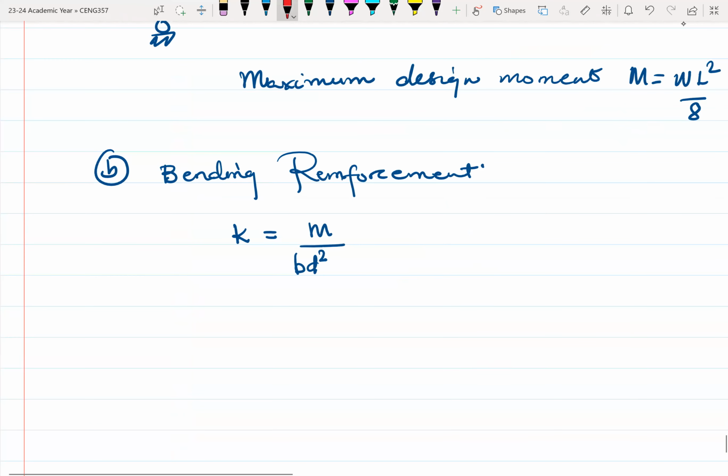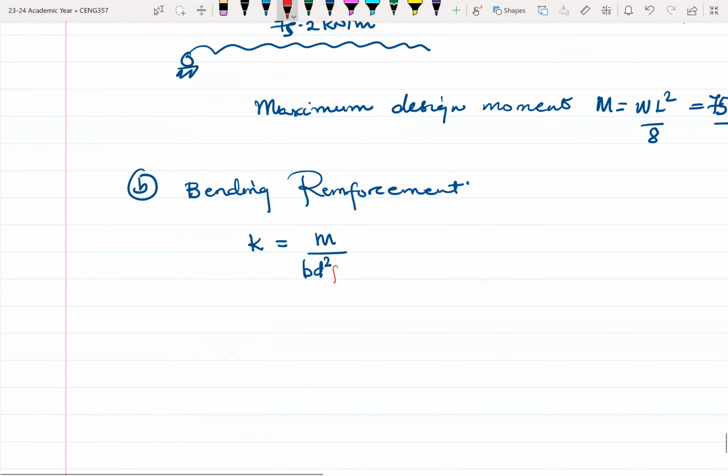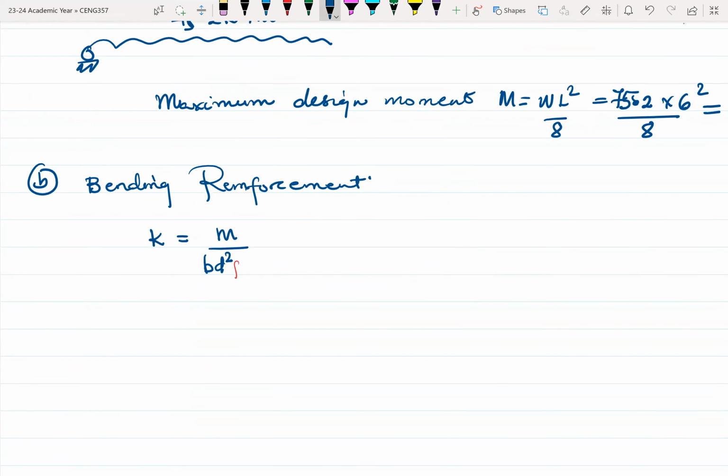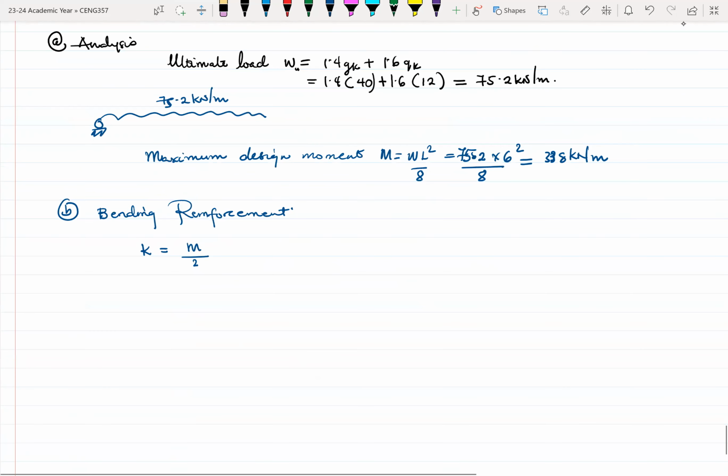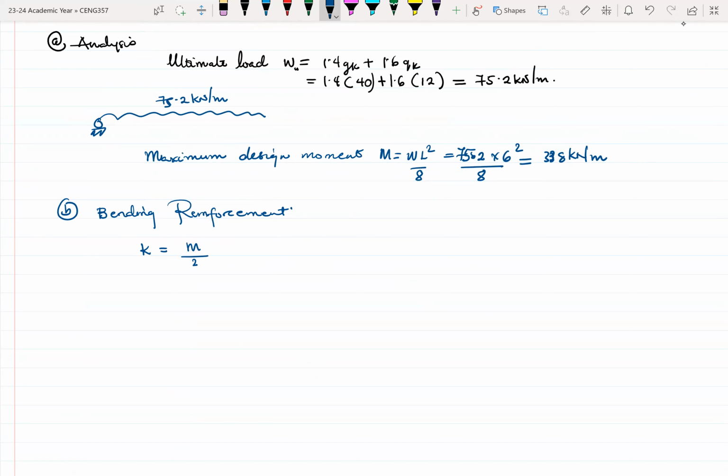So K is equal to M over BD squared FCU. Okay. Let me increase the thickness of my pen. Okay. So let me do the correction.